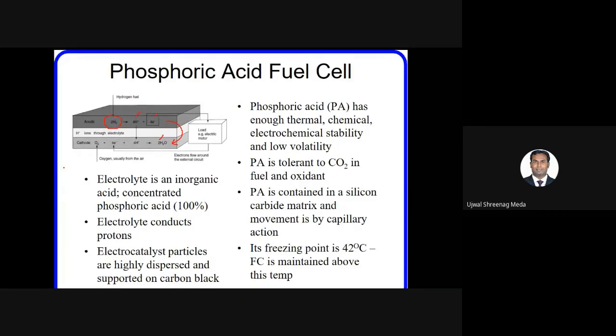Coming to the electrode, initially we mentioned that the electrode is a platinum electrode. In the very primitive phosphoric acid fuel cell, the entire electrode was made of platinum.